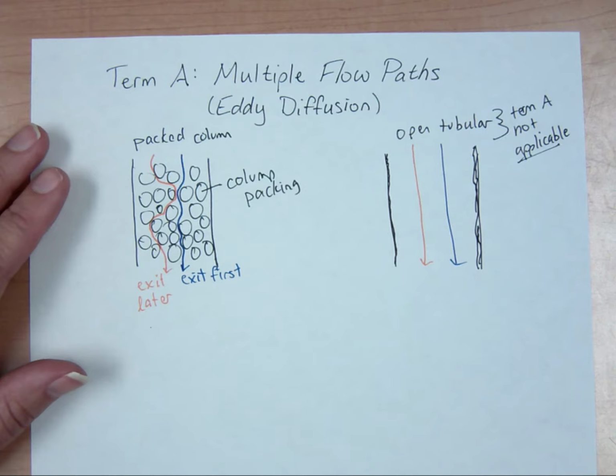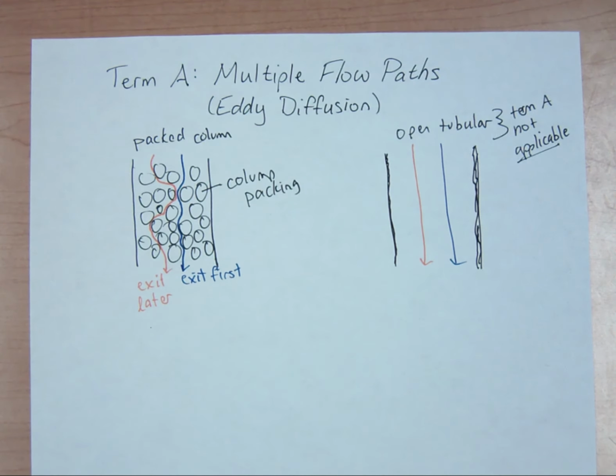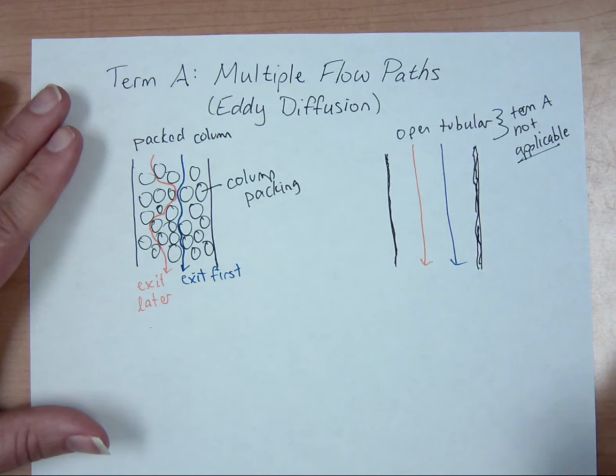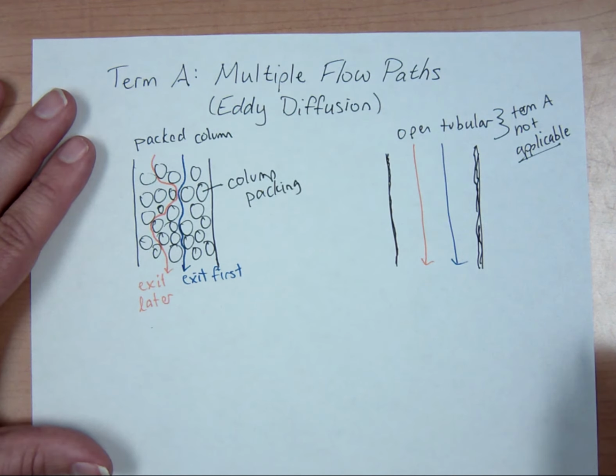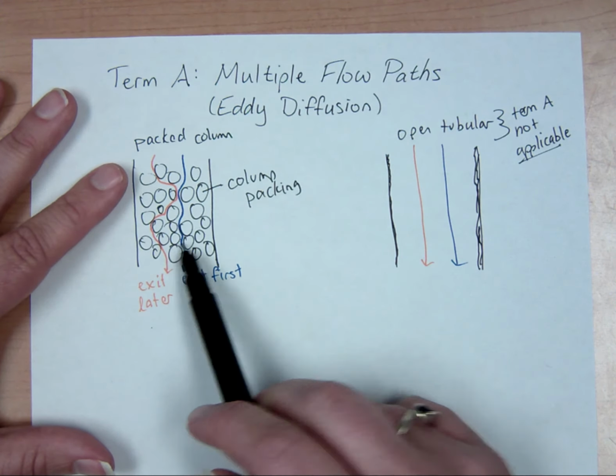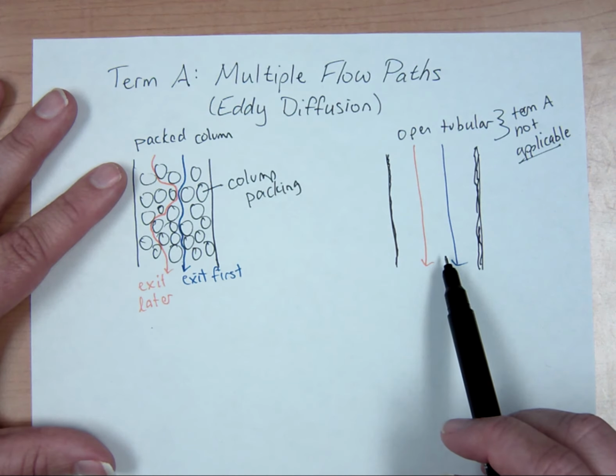Your book has more information on this particular Van Deemter term, but one of the things that does play a role in how this term is affected, and how we can minimize it, just like going from a packed column to an open tubular improved the effect of this term, meaning it made it smaller.